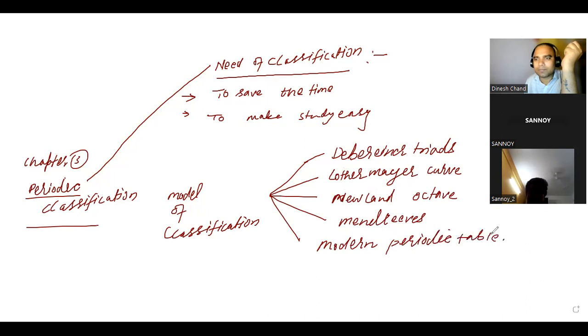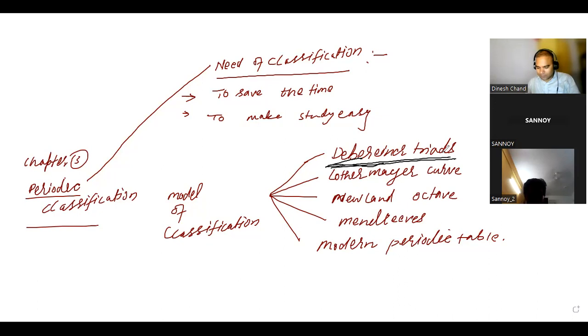Sir, Dobereiner was the scientist who arranged elements in groups of three, and those three had similar properties. On what basis did he arrange the elements in groups of three? Sir, on the basis of atomic weight and chemical property. On the basis of atomic weight, how? Tell me the law.